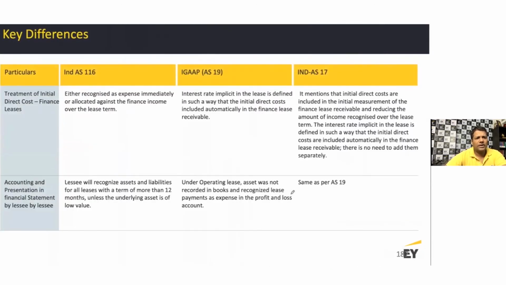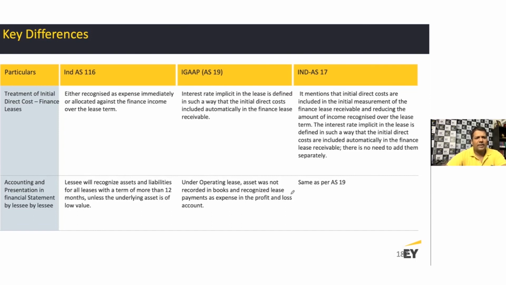Moving forward, for a finance lease, you can recognize it as expense immediately or allocate it against the finance income over the lease term. On the accounting and presentation in financial statements by the lessee, there is lots of guidance for short-term leases, and there is no such guidance under the AS 17, AS 19 model.